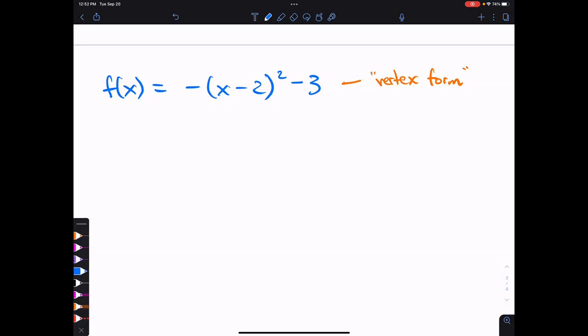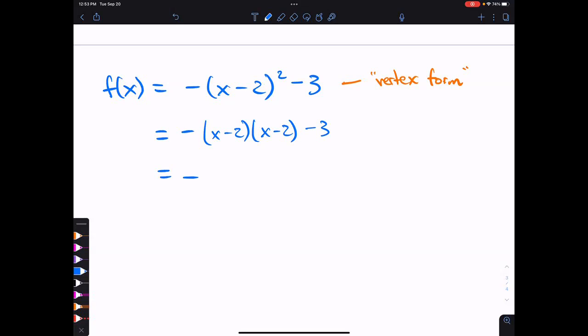So we're also going to look at stuff that's written in what we call standard form, which we get by just expanding all this out. So first I want to do the square there, x minus 2 squared, which again means multiply it by itself.